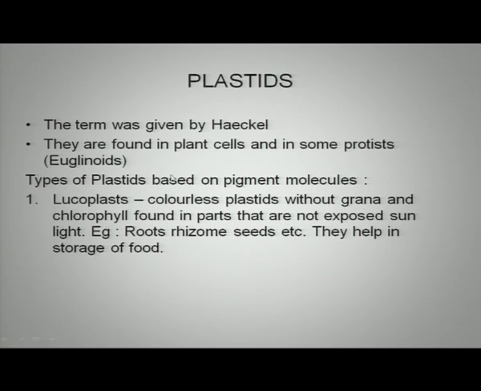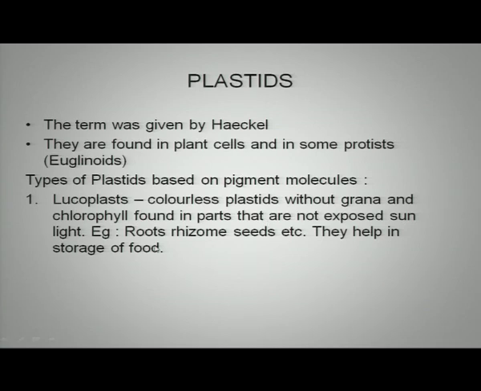That means they are seen in parts that are not exposed to sunlight. For example, roots, they are seen in the rhizome, they are seen in the seeds. They are seen in all the colorless parts of the plants which are not exposed to sunlight.